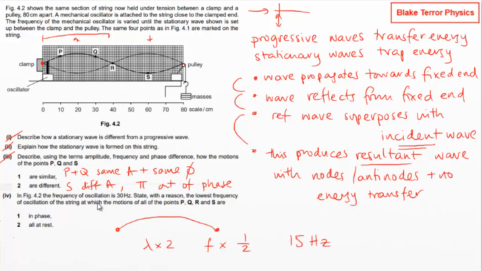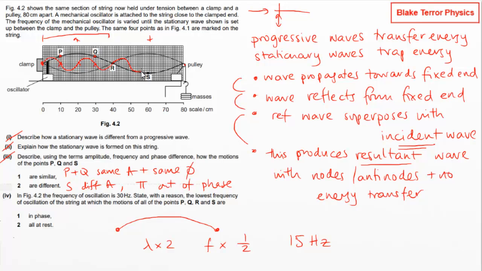If they're all going to be at rest, we're going to need there to be nodes every 10 centimeters, because it's the only way we're going to get a node at all of these points. We need nodes every 10 centimeters all the way along. So it's going to be doing this sort of thing, isn't it?